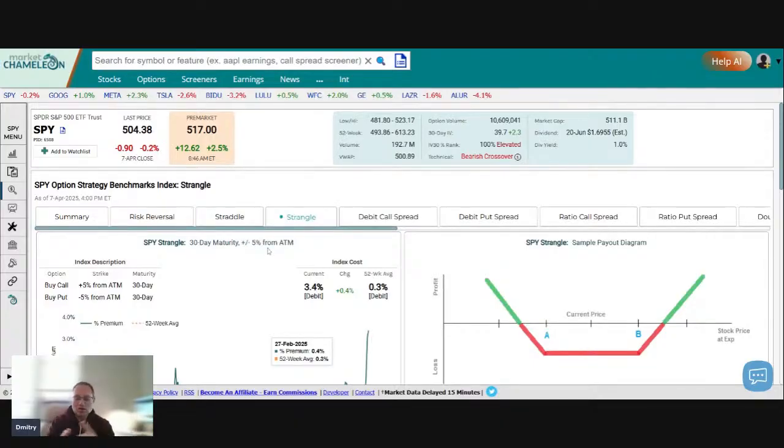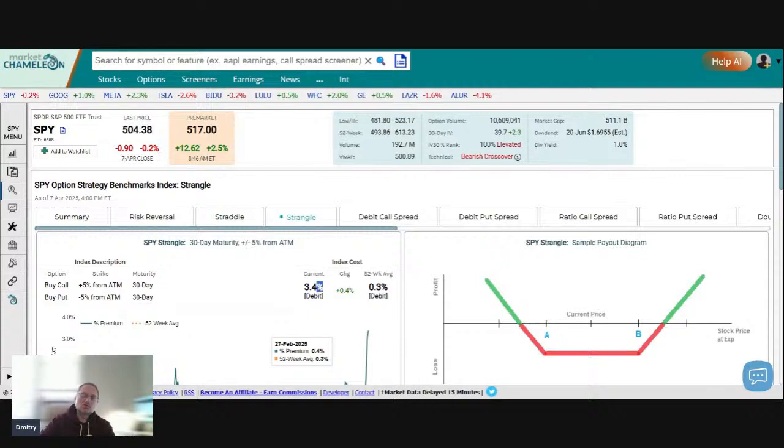Okay, so that's what this is looking at. Well, what if we had an option with 30 days to maturity with a put 5% out of the money and a call 5% out of the money, right? So what would the cost of that be? So we're using the implied volatilities and coming up with the cost. And here it's saying that the cost would be 3.4% of the spot price.